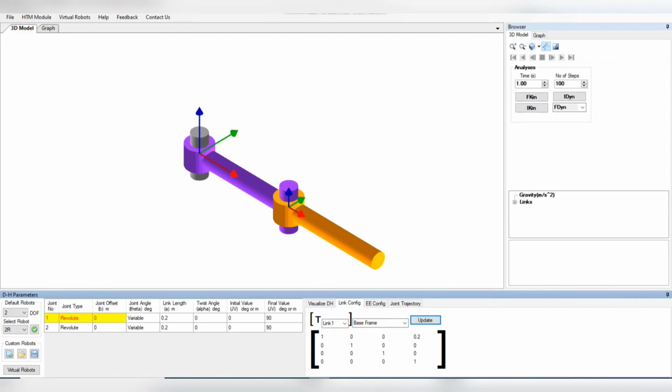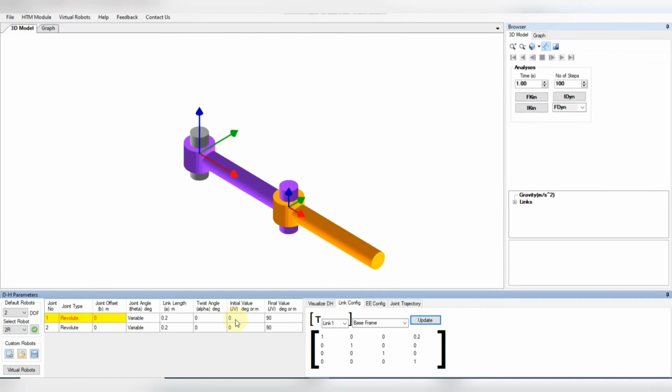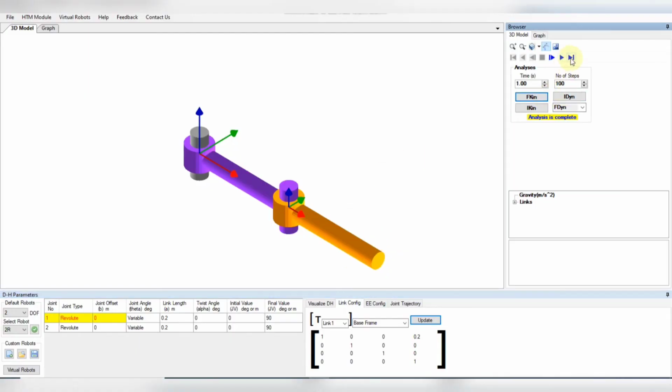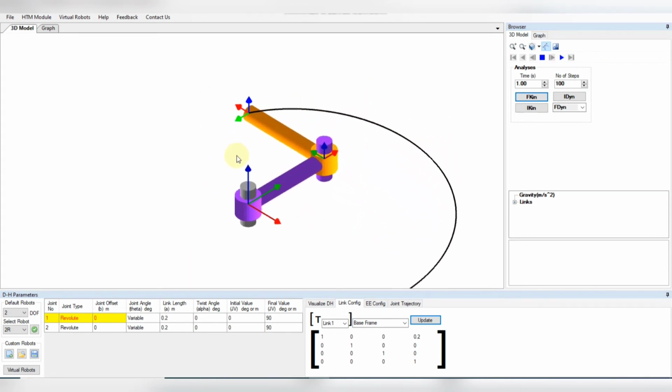Now you can put these values into this matrix. As the initial value is 0, it is cos 0, sin 0, sin 0, cos 0. If I click on forward kinematics and go to its end position, at this end position the transformation of link 1 with respect to the base frame uses the final value, that is 90.